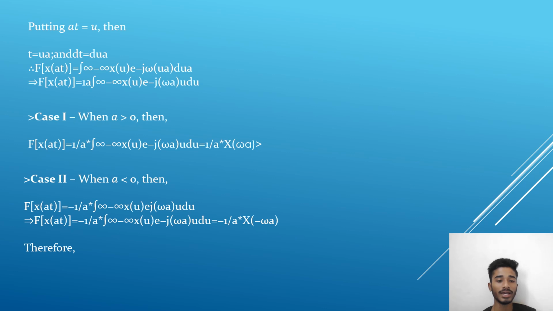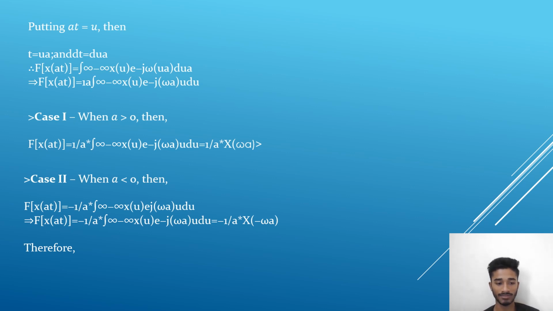Case 2, when a is lesser than 0, the Fourier transform of x of at is equal to minus 1 by a into integration from minus infinity to infinity of x of u into e power minus j omega by a u du, which is equal to minus 1 by a into X of omega by a.